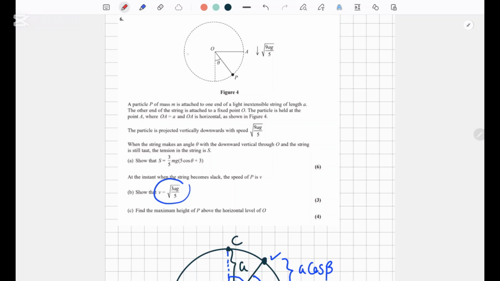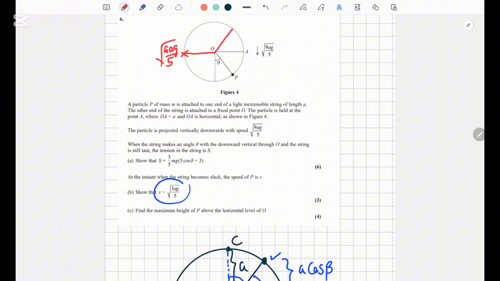Let's say instead the particle started here with the same exact speed, then it would become slack over there. So these are the angles where it will become slack.